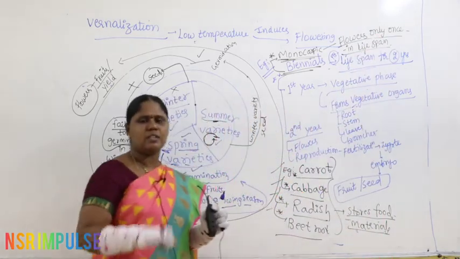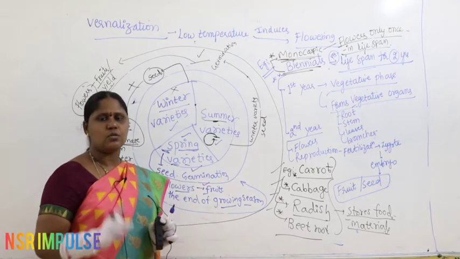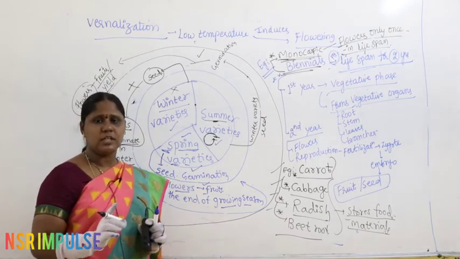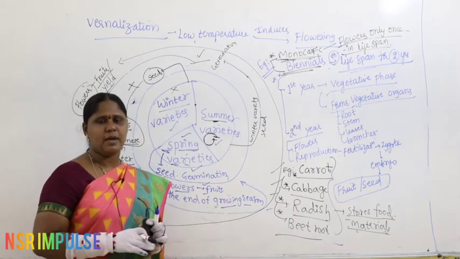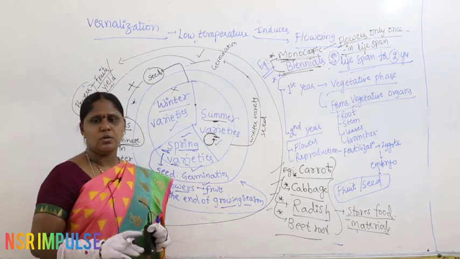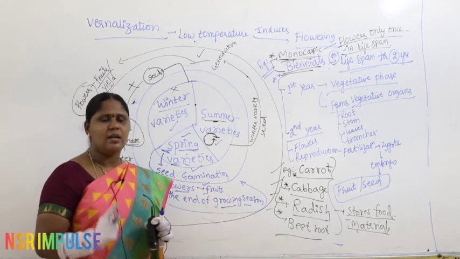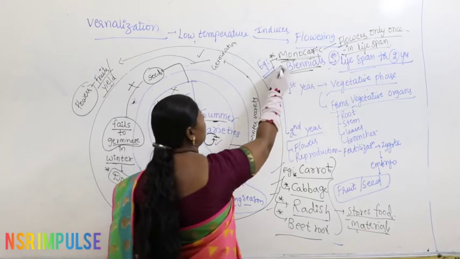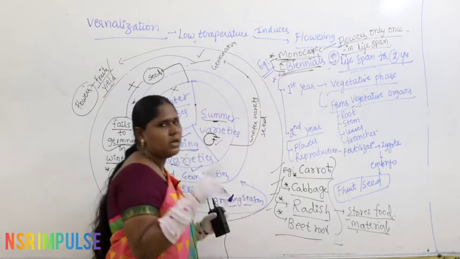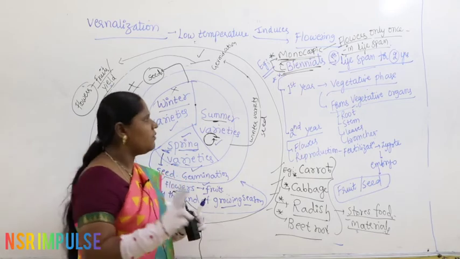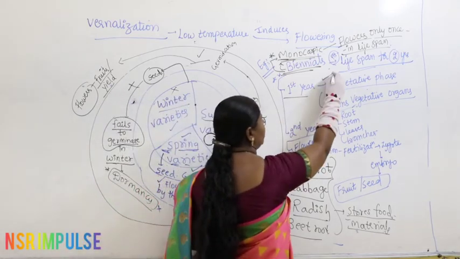In the entire lifespan, flowering occurs only once. You know the bamboo plant, the century plant, with a 100 years lifespan. At the end of the lifespan it will give flowers and it will die. So, flowering occurs only once in their lifespan. So, all these biennials are monocarpic. They give yield only once. They survive for 2 years. The first year is called the vegetative phase.